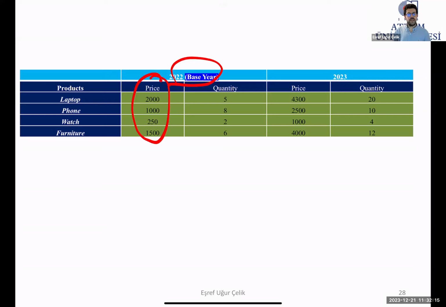We get the base year price, and for the quantity, the year I asked. If I ask 2022, we get the quantity of 2022. If I ask 2023, we get the 2023 quantity. But for the price, we are fixing the price. That's why we get the base year price.